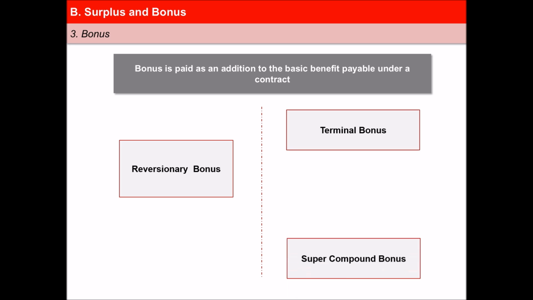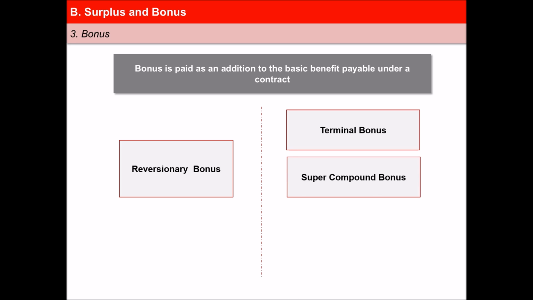Second, super compound bonus. In this, the bonus is arrived at as a percentage of basic benefit and applying another percentage for attached bonus. Third, compound bonus. Here the company expresses a bonus as a percentage of basic benefit and already attached bonuses. It is thus a bonus on a bonus.